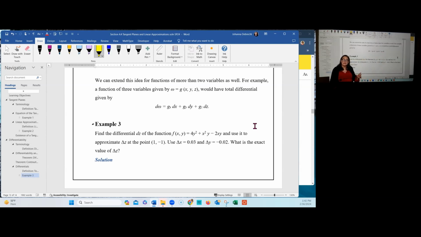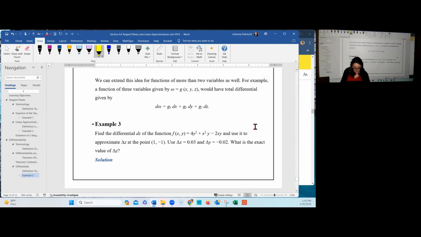Remember that dx will be the same as delta x, and dy will be the same as delta y, and dz will be the same as delta z. In this case, though, dw is not the same as delta w, but as dx, dy, and dz, or delta x, delta y, delta z, go to 0, they become infinitely close.